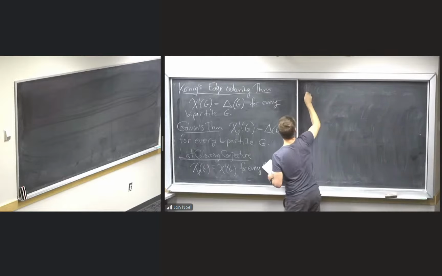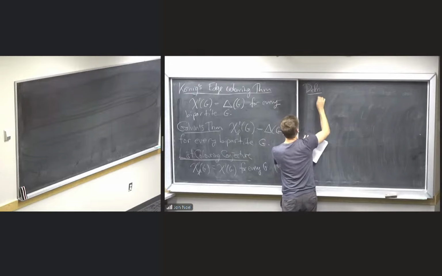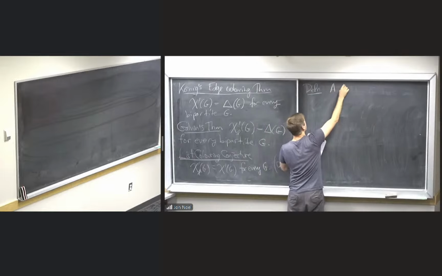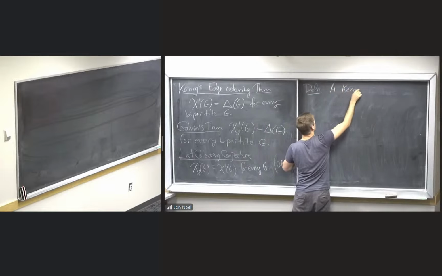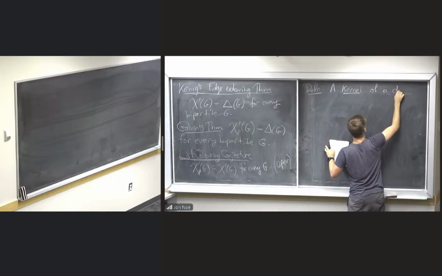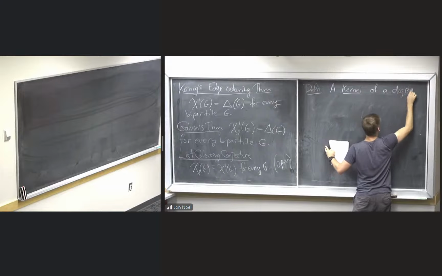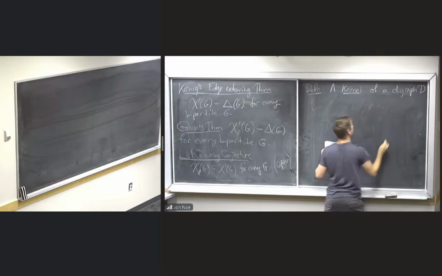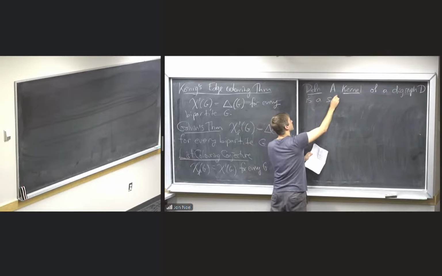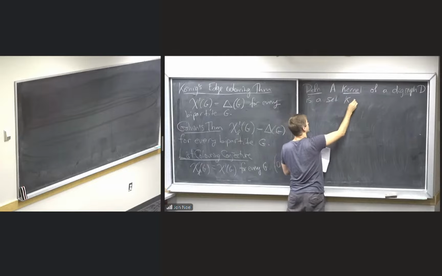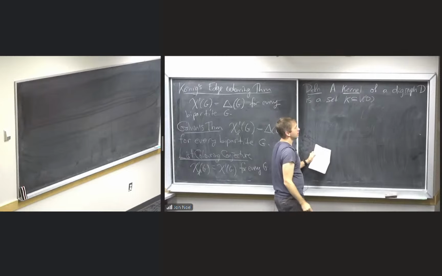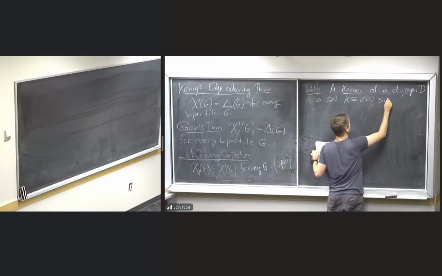So a kernel of a digraph D is a set K of vertices of D with two properties.